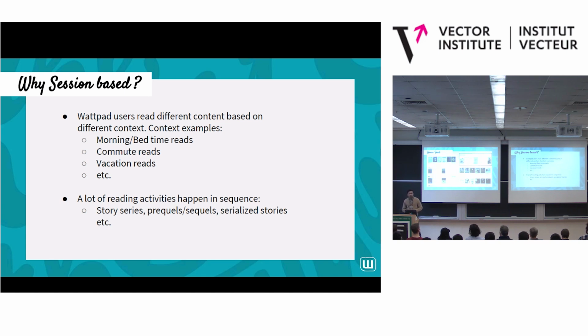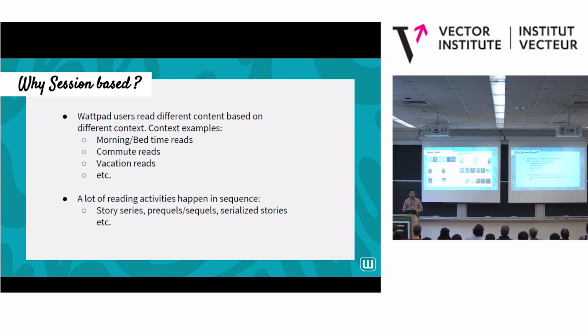Okay. So first of all, why did we take this? Why session-based? At Wattpad, what we have seen is different people read different types of stories based on different contexts. Like people read during the morning time, they would read something different than at nighttime.